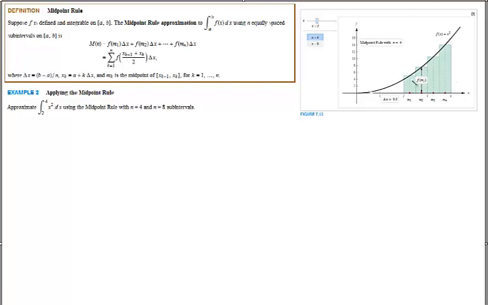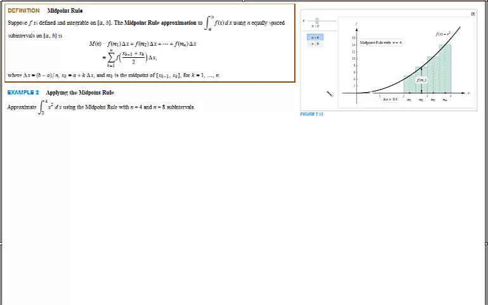In this case, we figure out how many subintervals we'll have, calculate the midpoint of each, use it to find the area of each rectangle, and then add all of those up, very similar to the left and right Riemann sum.